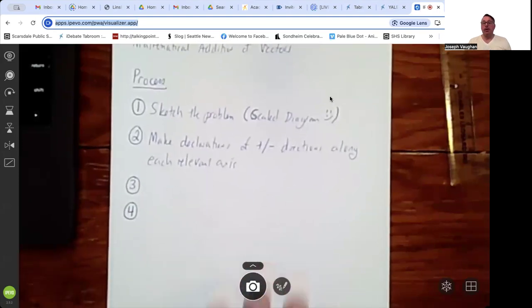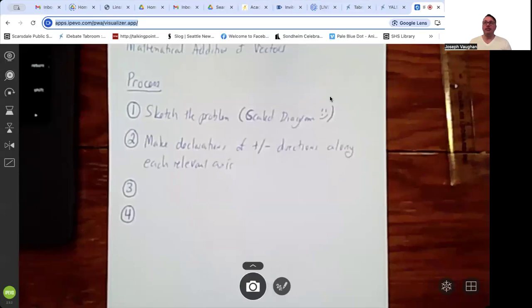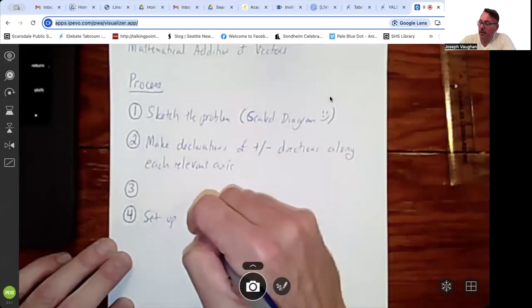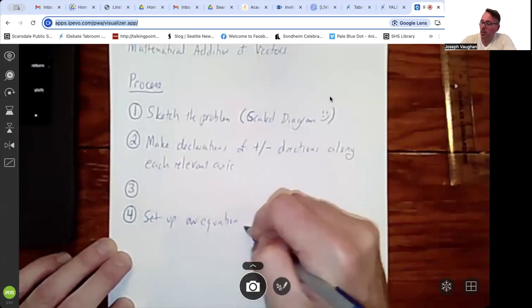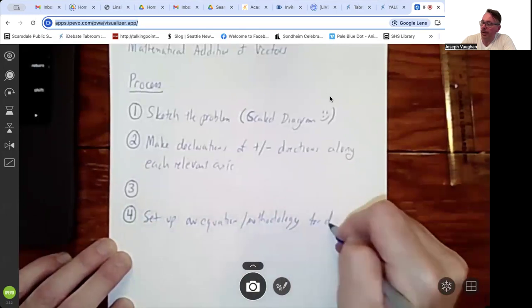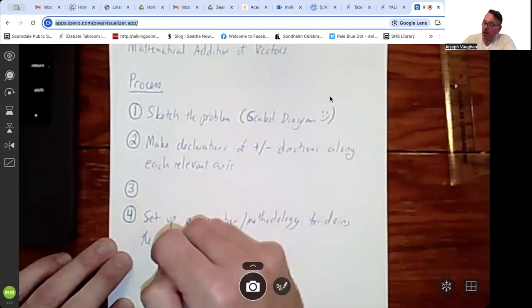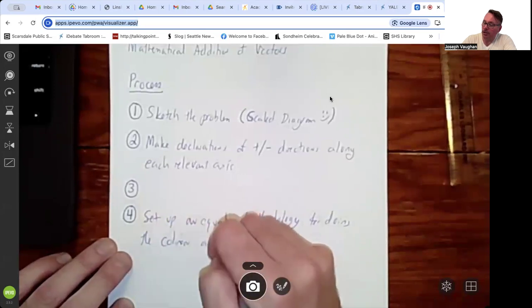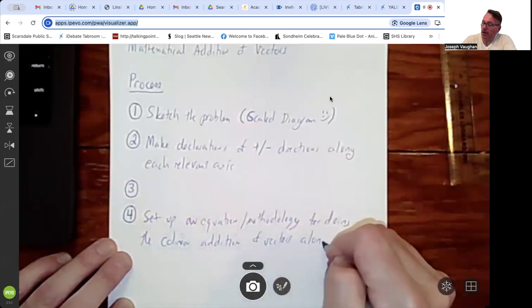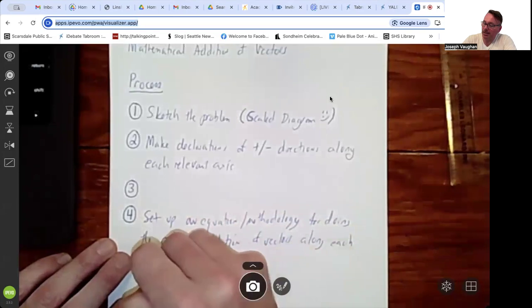Step 4, all right? So there are sort of two ways to do step 4. What we're going to want to do is set up equations or a methodology for doing the collinear addition of vectors along each axis, right?